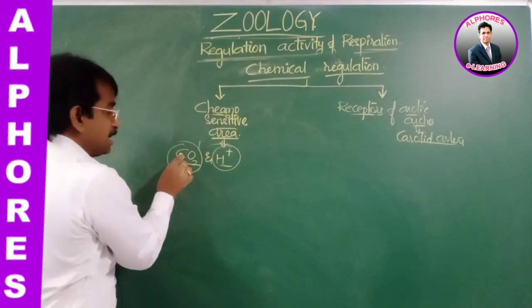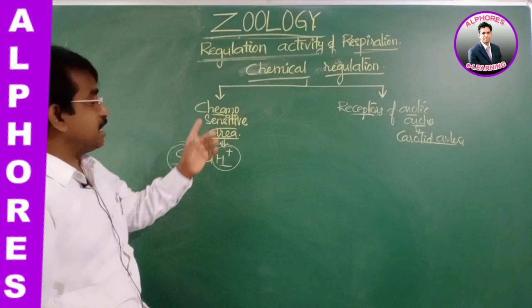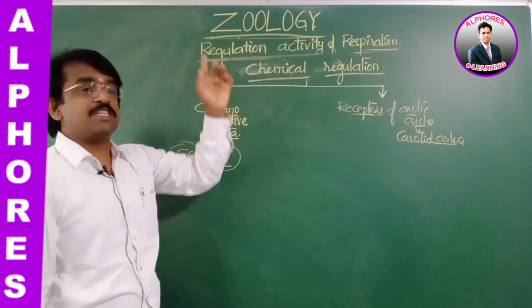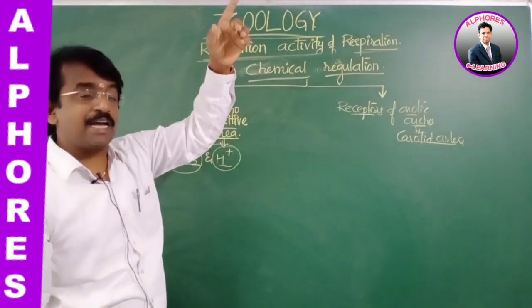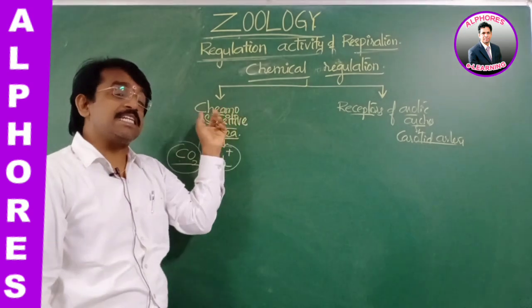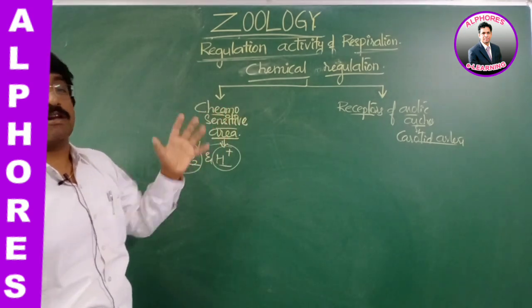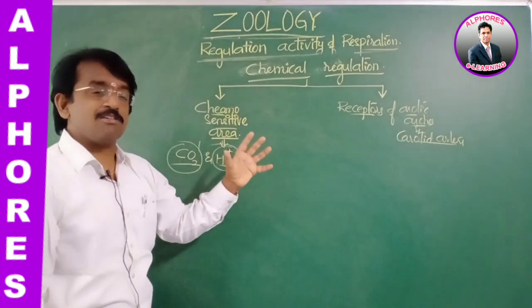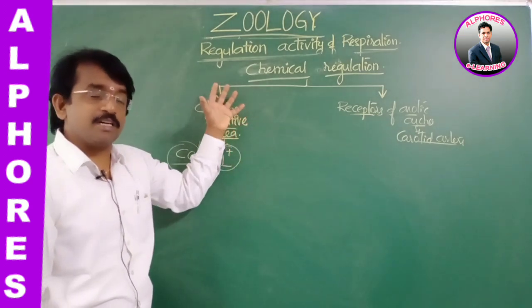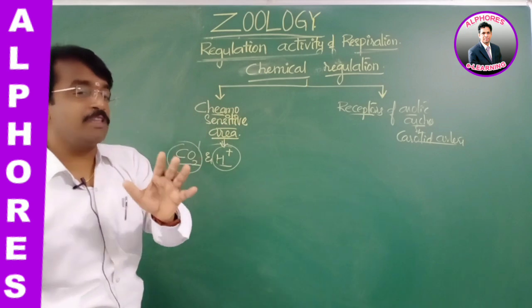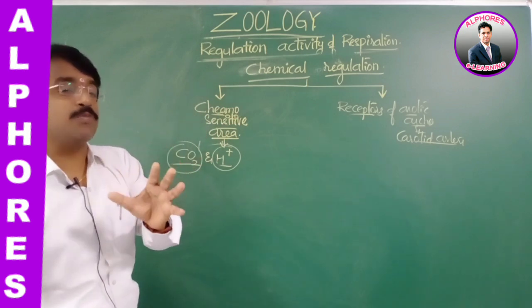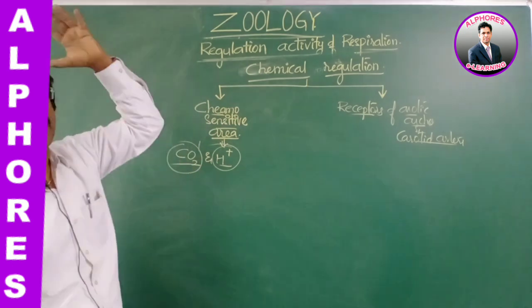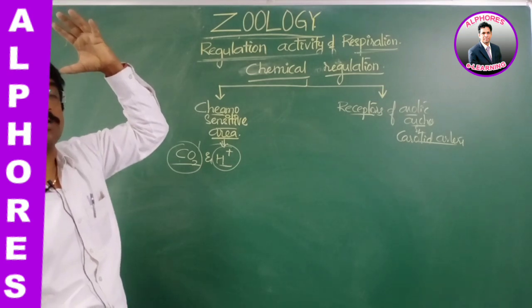So first, the CO2 and H plus are detected by the chemosensitive area, which gives the signal to the medulla oblongata, and that gives the necessary signal to the intercostal muscles and the diaphragm. The intercostal muscles present in the ribs and the diaphragm with the phrenic nerve, these muscles respond and expel the carbon dioxide to the outside.